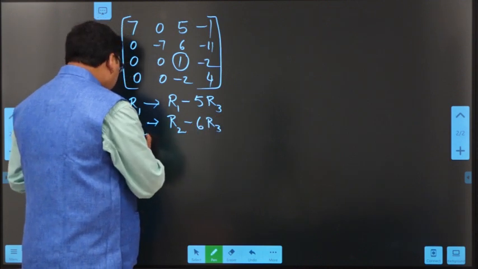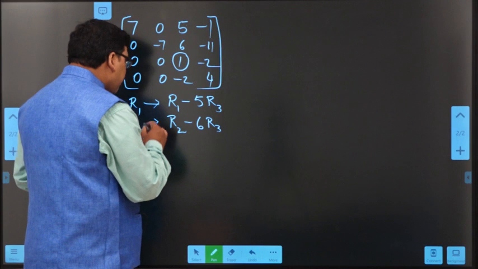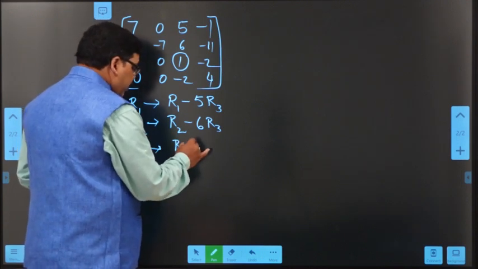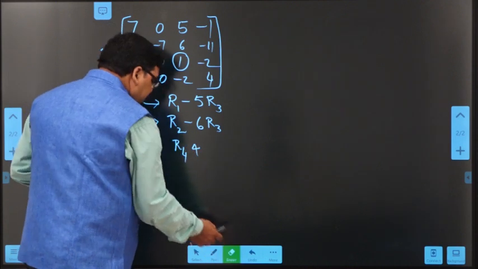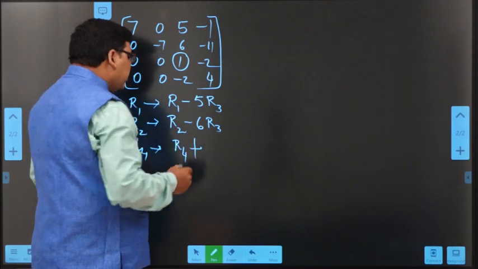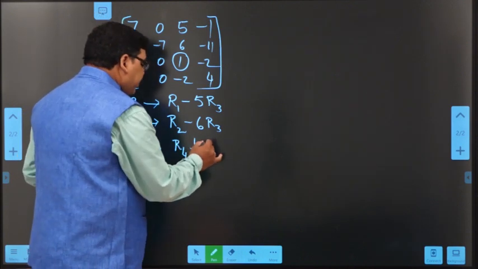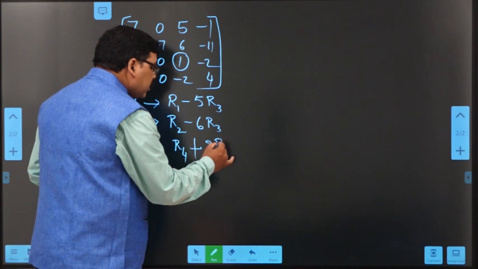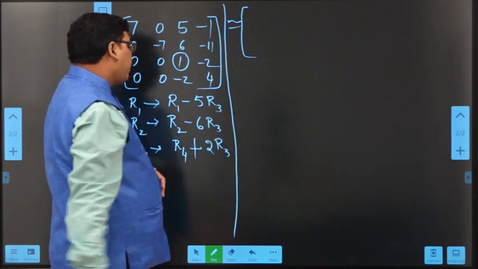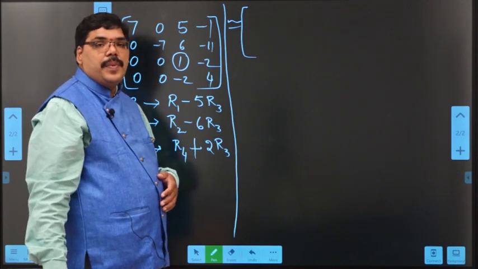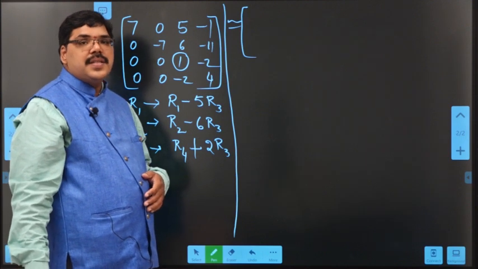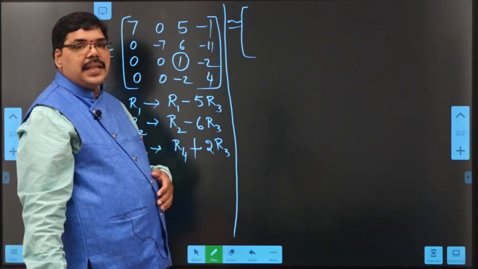Similarly, R4 changes into R4 plus 2R3. After applying the row operations, the reduced matrix will be like this. We are not changing the third row, so we write R3 as it is.